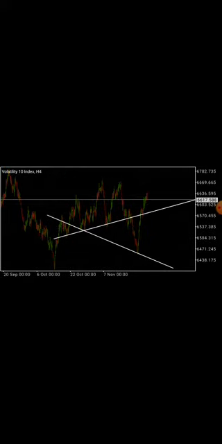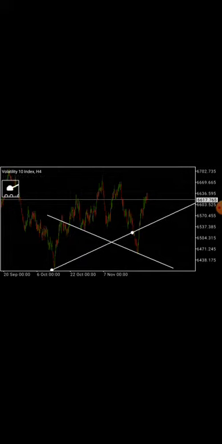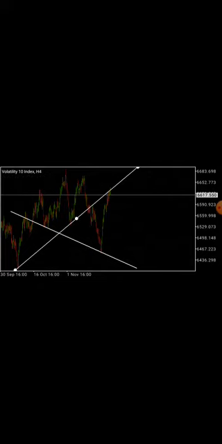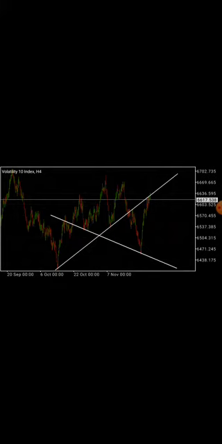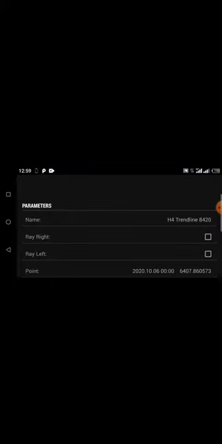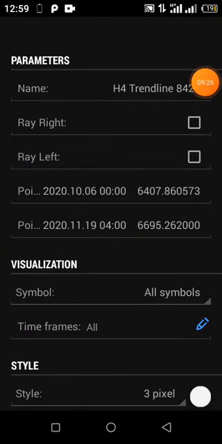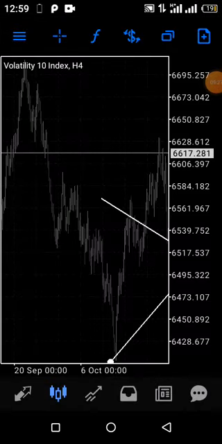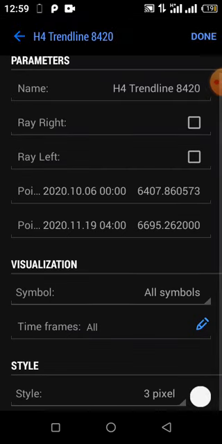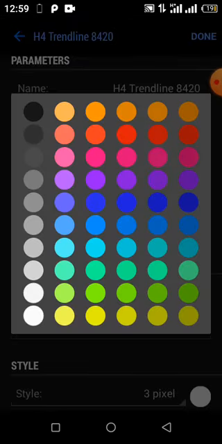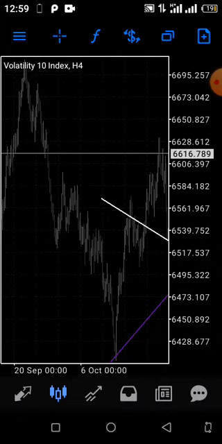So I'll draw my resistance. I'll even put them in different colors. So I'll touch this level, okay, then I'll also touch that level, right? So the one I'm going to put in purple, I'll refer to it as my first support, then the other one that will remain in white will be my second support, right?